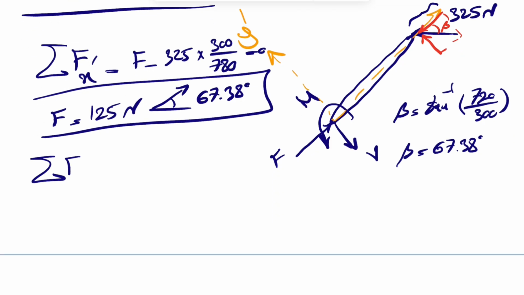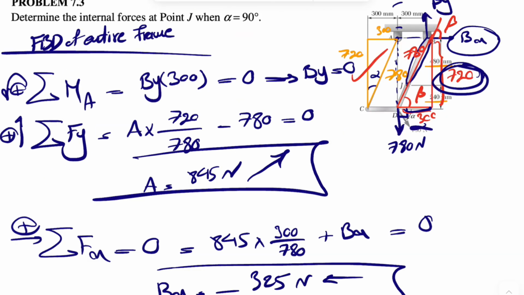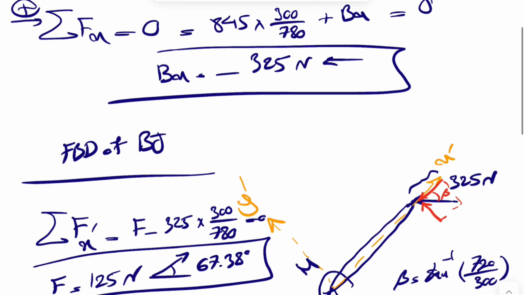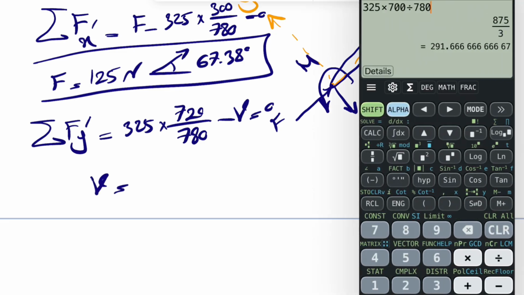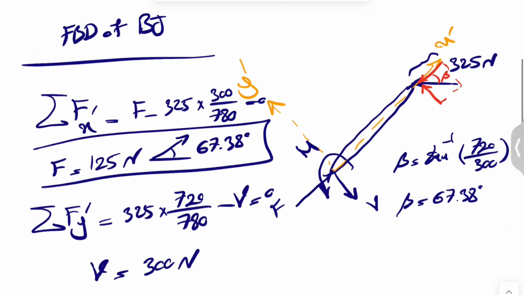We're going to do sum of all forces in y prime. For beta, we're going to have the opposite over 780. So 720 divided by 780 minus V is equal to 0. Our V would be 325 times 720 divided by 780. That's going to give us 300 newtons.